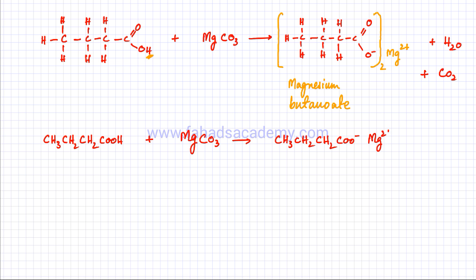The H at the end gets replaced. So there are going to be 2 butanoate ions, and you're going to have water and carbon dioxide as the additional products.